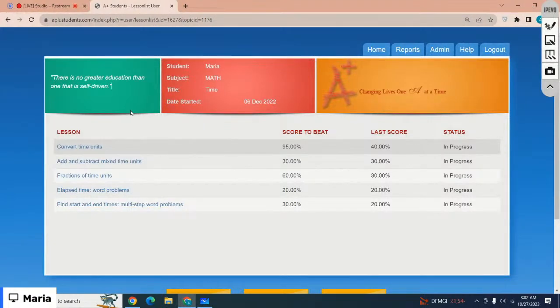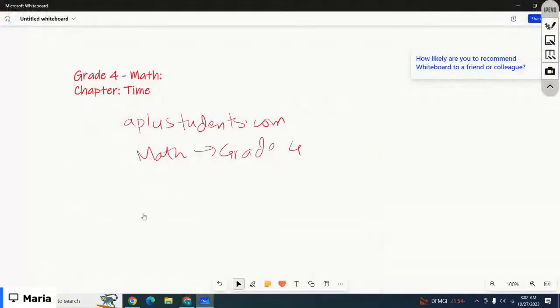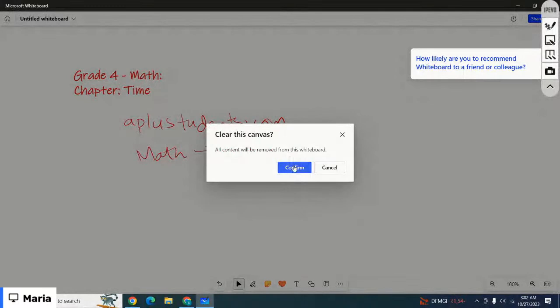Basically we're going to learn what the time units are. Time units are the ones in which you measure time, like days and weeks.